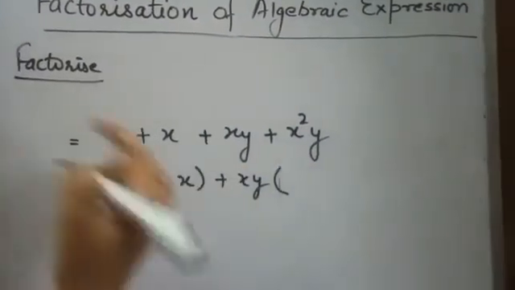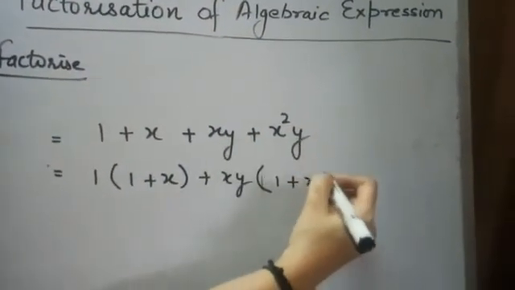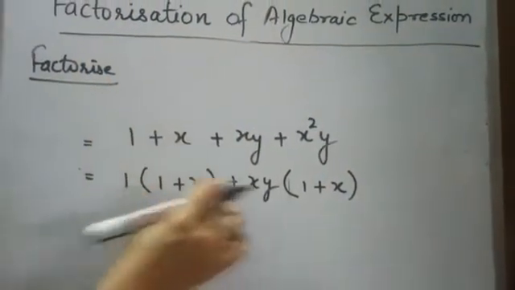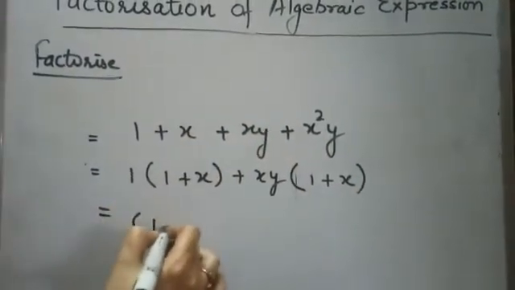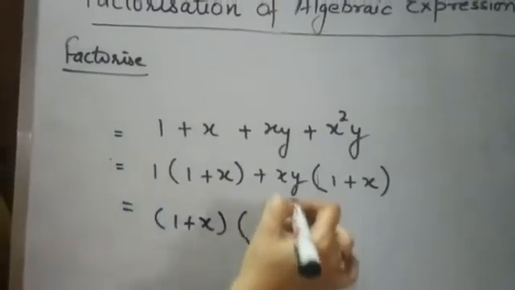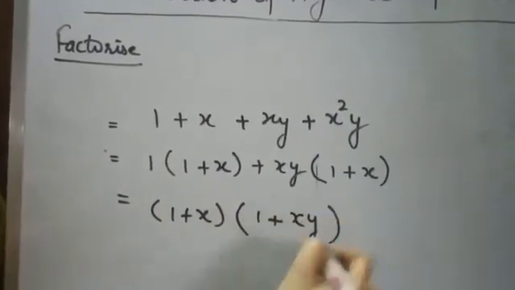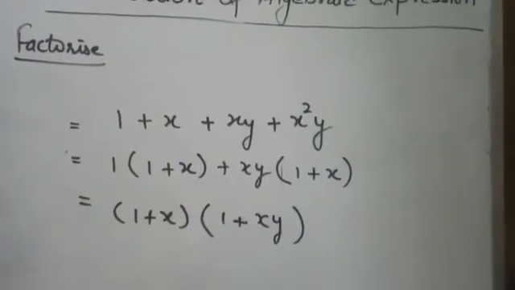If I take out xy from there, the first term leaves 1 and here it is x. Now again this binomial 1 plus x is common to both terms, so we take it out. What is left in the first term? 1, and in the second term xy, and the HCF of 1 and xy is 1. So this is your answer.